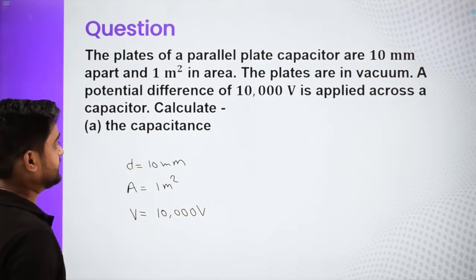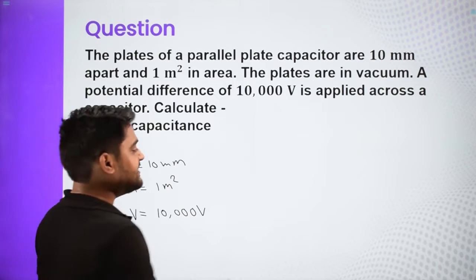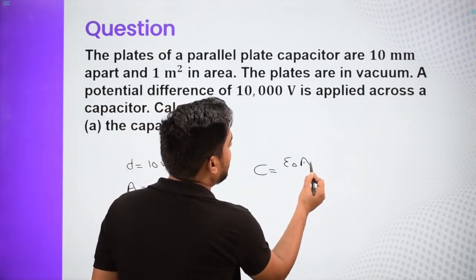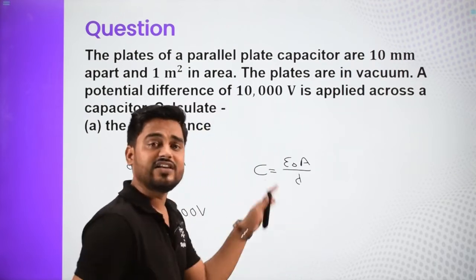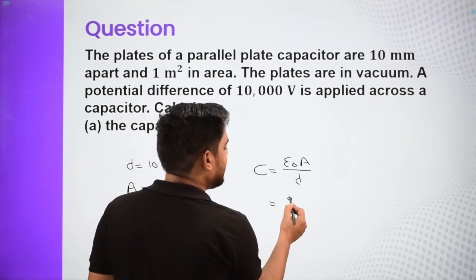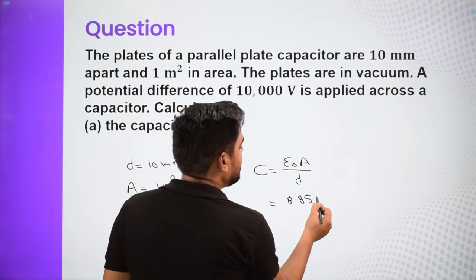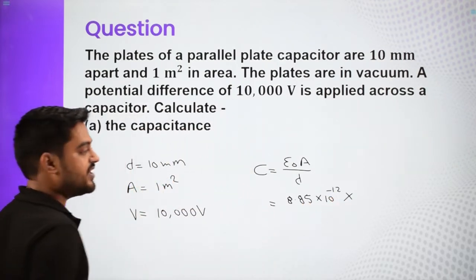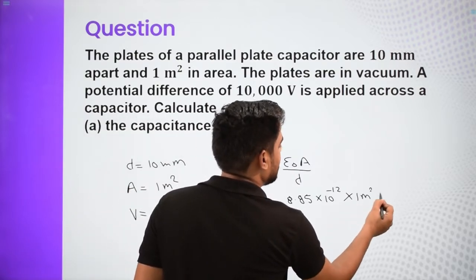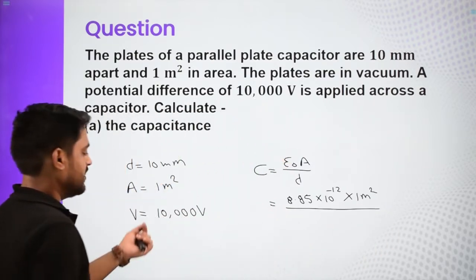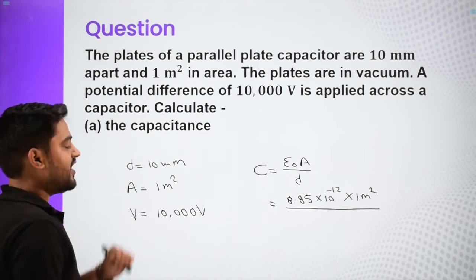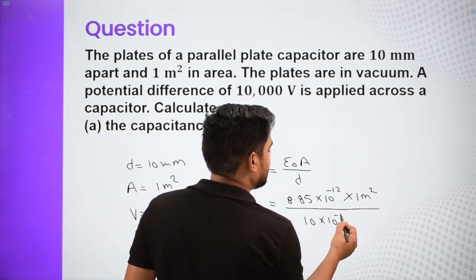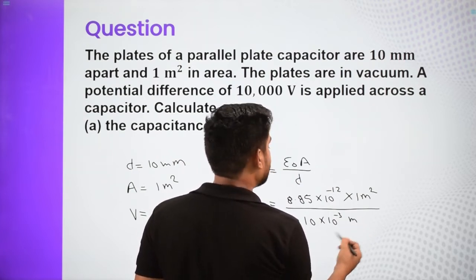So here we know that capacitance is epsilon naught A by D. What is the value of epsilon naught? Epsilon naught is 8.85 into 10 raised to power minus 12. The area of the plates is 1 meter square. Divide by D, the separation, 10 mm, so 10 into 10 raised to power minus 3 meters.